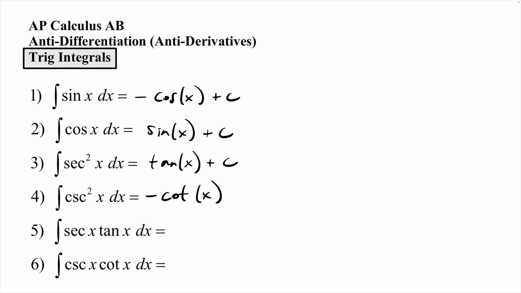The derivative of secant was secant x tangent x. So the antiderivative of secant x tangent x is just secant, plus c. I should always put a plus c here. And then the derivative of cosecant was negative cosecant x cotangent x.